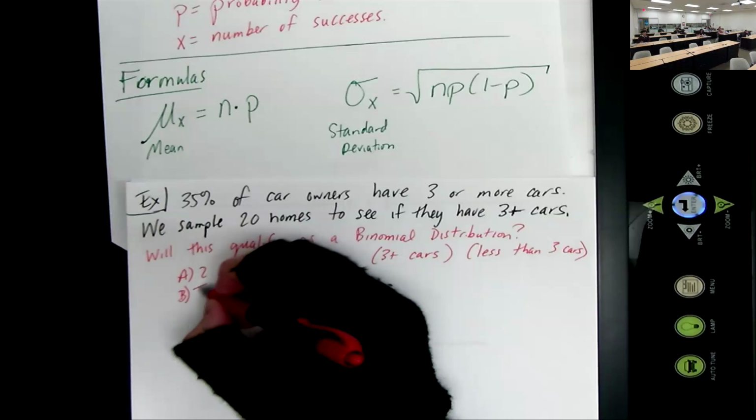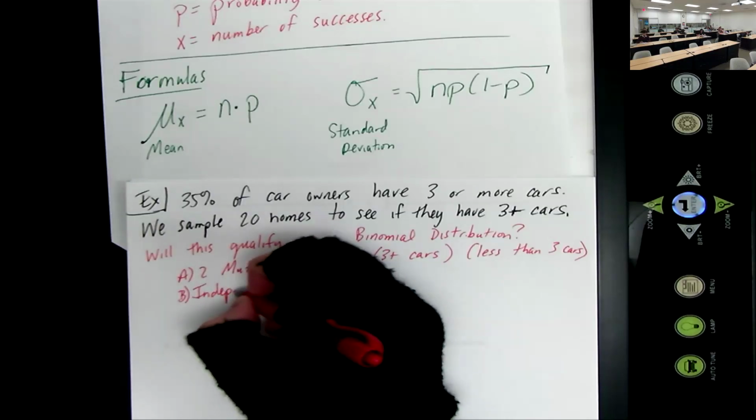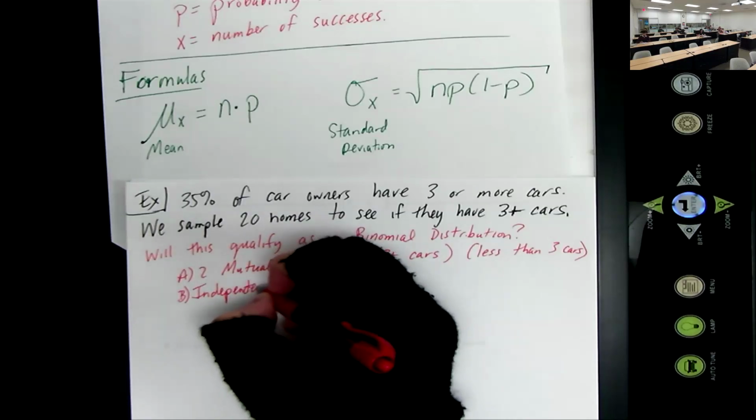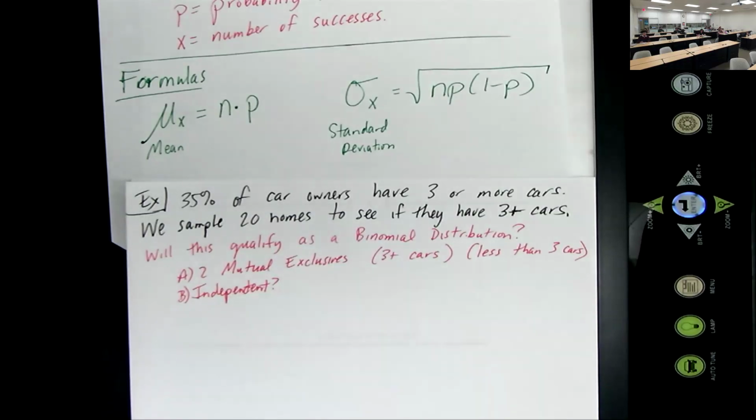Is each trial independent? Now, assuming you're not just going down the same street and asking 20 houses in a row, you're picking them from all over town, yes. Because chances are, if one house has 3 or more cars in it, you might be in a nicer part of town, and other houses on the road might have 3 or more cars too.